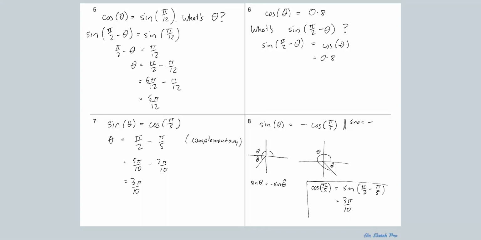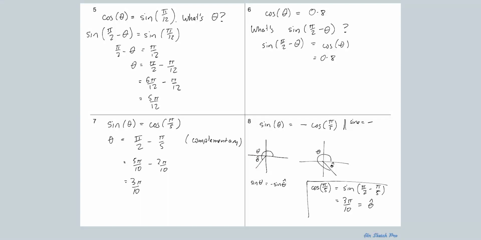So that must be the acute angle, theta hat. Because of this relationship, they're complementary angles: if we've got cos of pi on 5, then the complementary angle is 3 pi on 10. So that's 3 pi on 10 there, and that's 3 pi on 10 there. The acute angle.